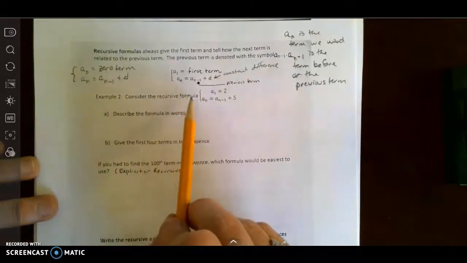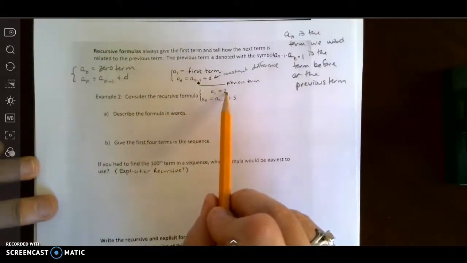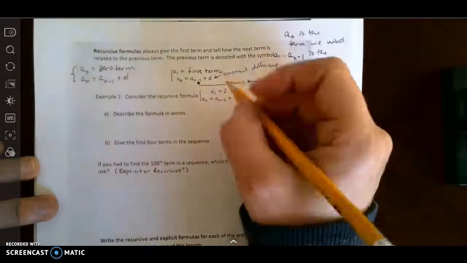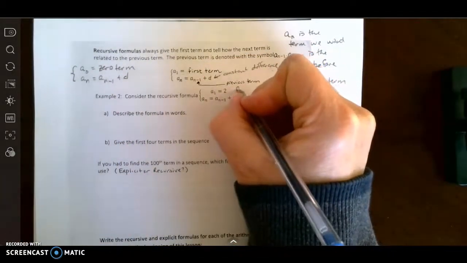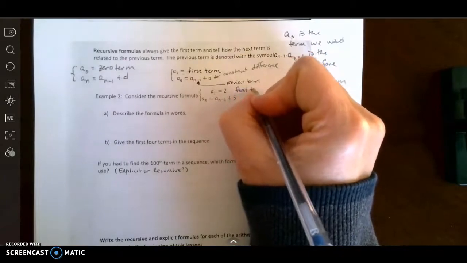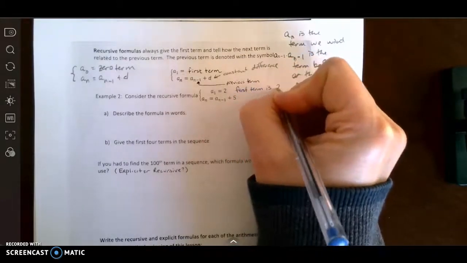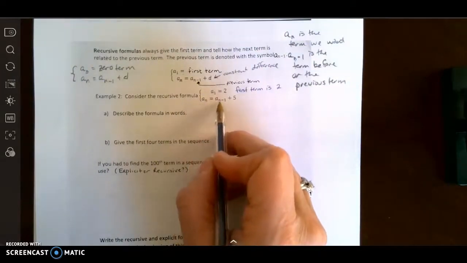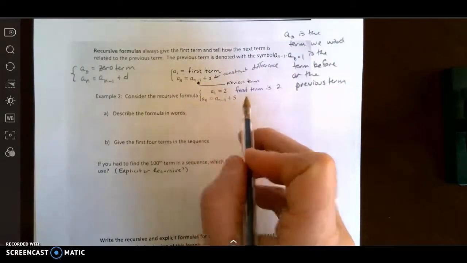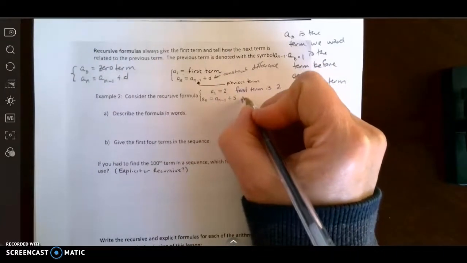Consider the recursive formula where the first term is 2. That's how I read that. I'm going to write it in words, how I would say that. First term is 2, and a sub n is the previous term plus 5.